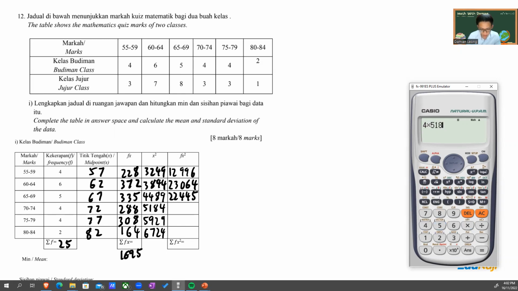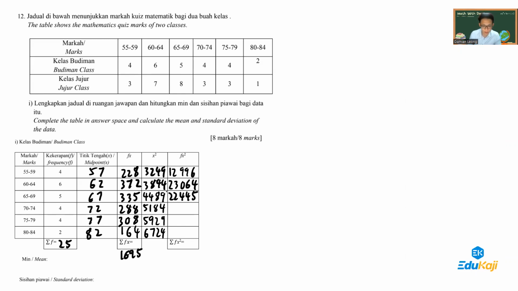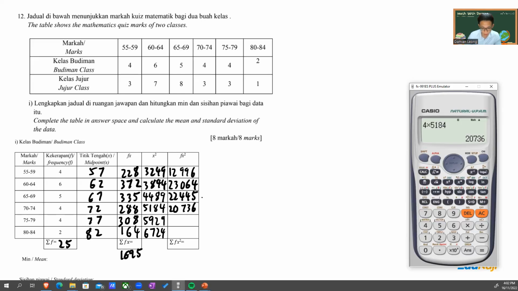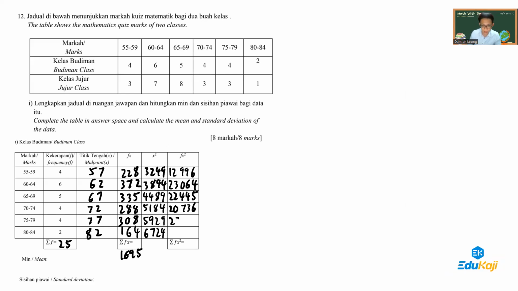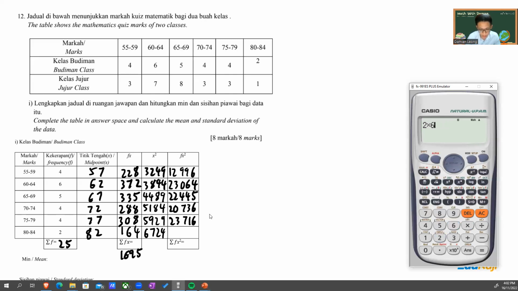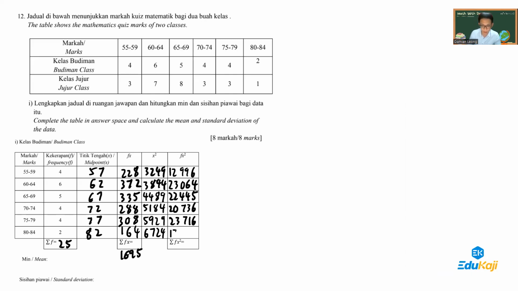Four times 5184, 20,736. 4 times 5929, 23,716. And 2 times 6724, 13,448.